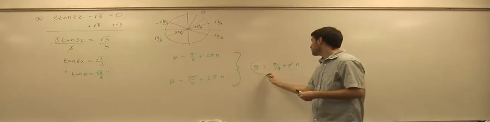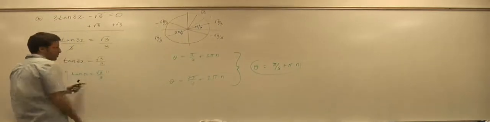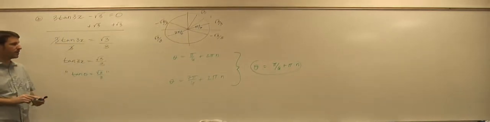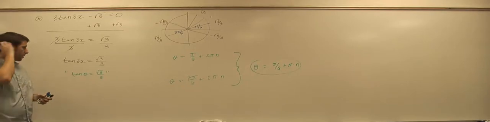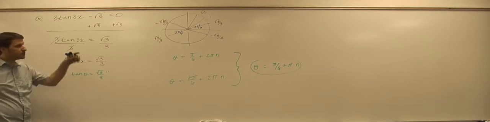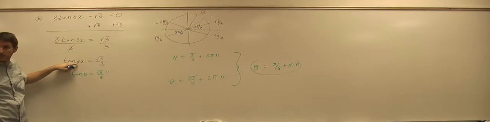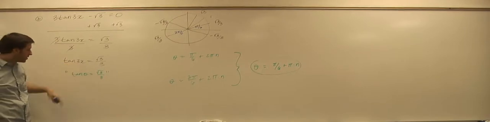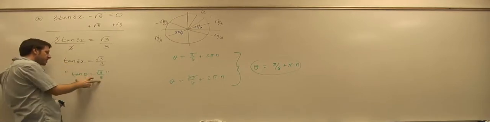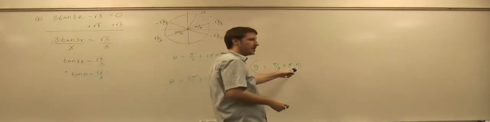So this is what I would use for this equation, tan theta equals root 3 over 3. And nobody cares about theta. Theta was nowhere in my original question. In my original question, there were x's. So the answer to this equation is theta equals pi over 6 plus pi n.